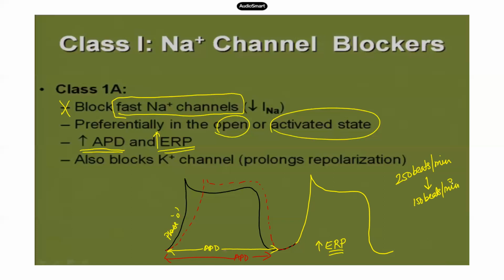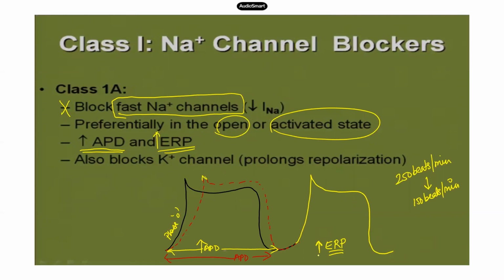So what I have done, I have just lengthened the phase 0. I have started from the same point, but I have blocked the sodium ion channels on the phase 0 and have lengthened the action potential duration and also the effective refractory period. So this is what the class 1A drugs basically do.